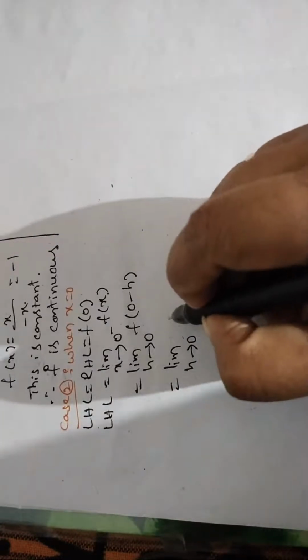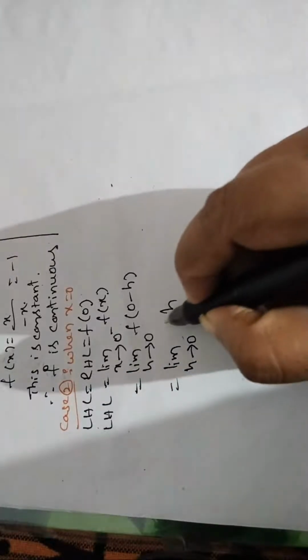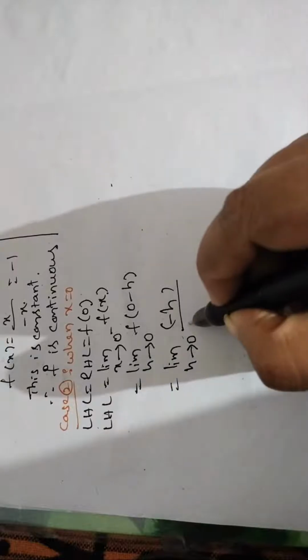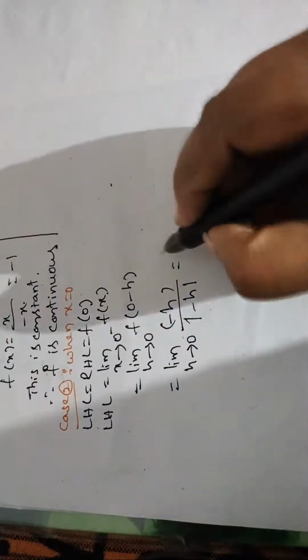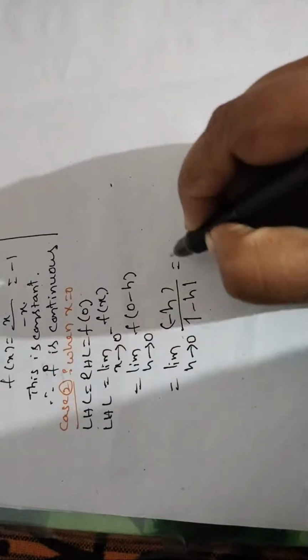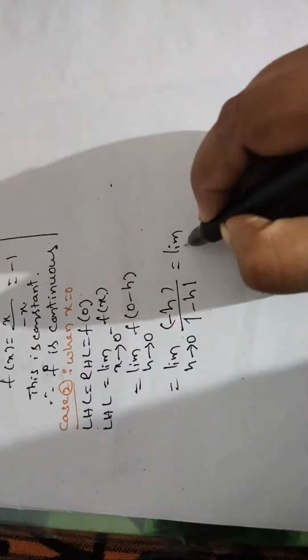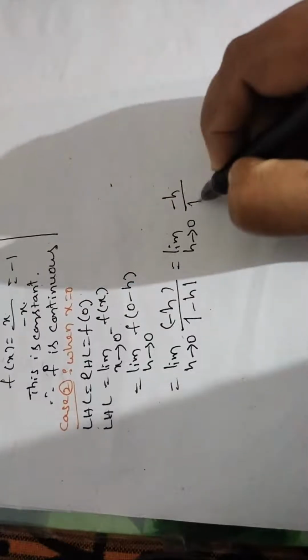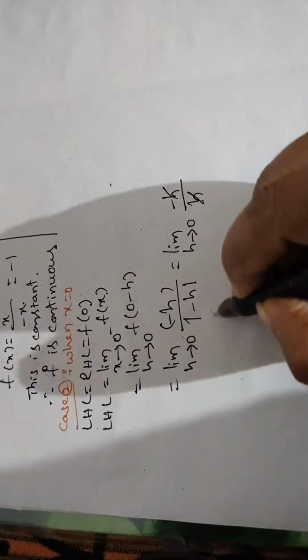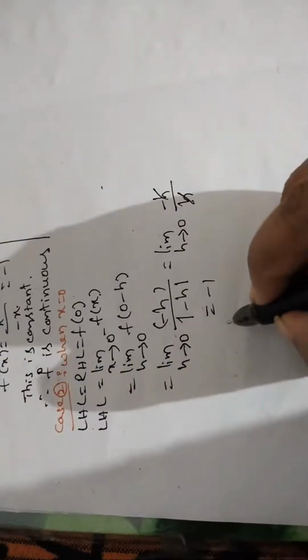But here x is minus h by mod minus h. Now I will write this modulus of negative value will become positive, minus h by plus h. So this value is minus 1.